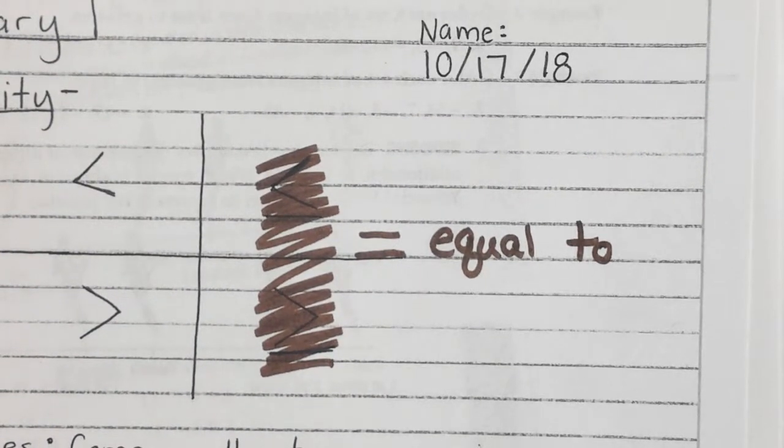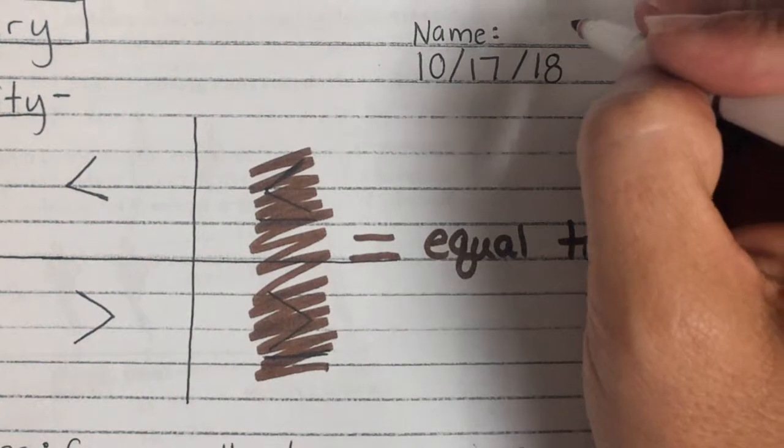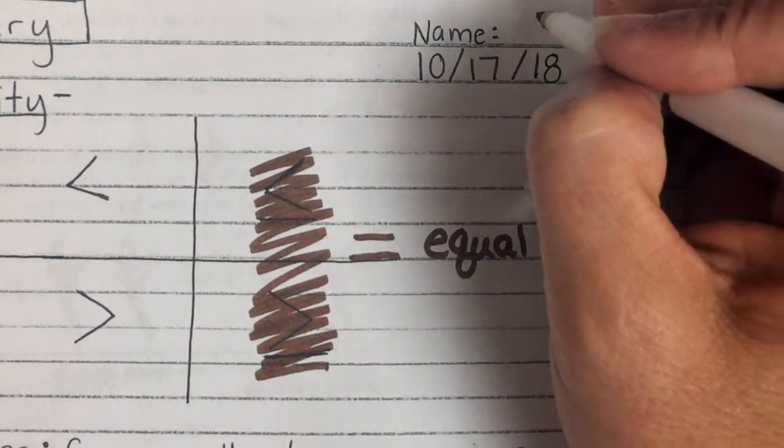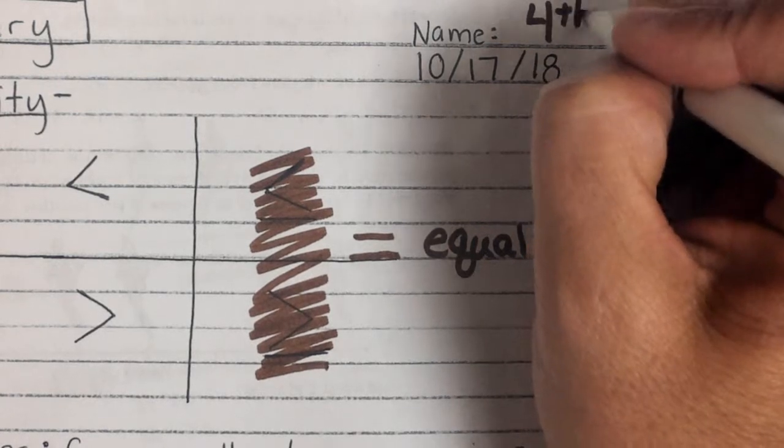Today is the 17th. It is Wednesday. This is the third set of information you will need to know for the quiz on Friday.